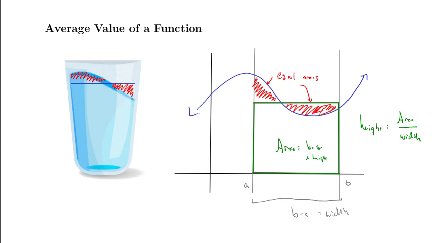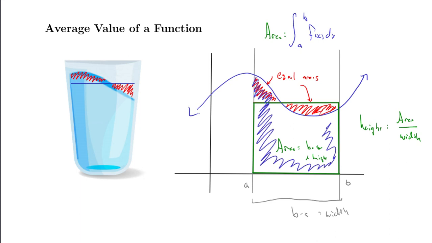What we'll notice is that if I've drawn this green height of my box in the right spot, if these two red regions actually do have equal area, then the area of my box is exactly equal to the integral from a to b of f of x dx. This blue area is the exact same thing as the area of the green box.